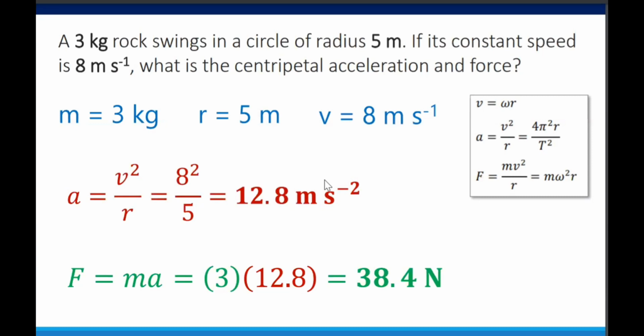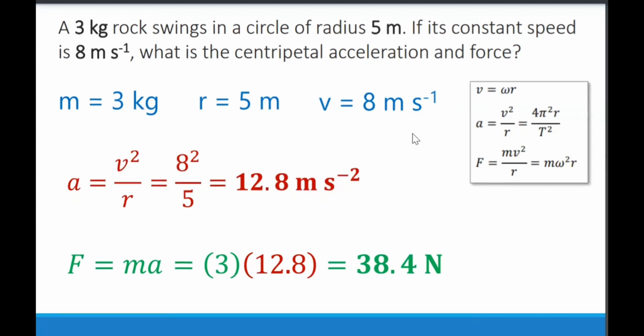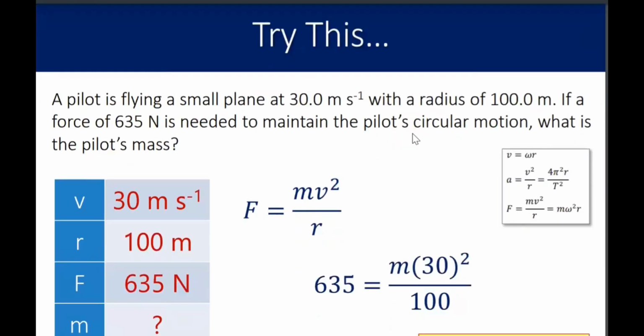Then to find the force, based on Newton's second law of motion, it's m times a. Because a is already v squared over r, we don't have to calculate that again. We just multiply the mass, which is 3, times the acceleration, which is 12.8, so we get 38.4 newtons in centripetal force.